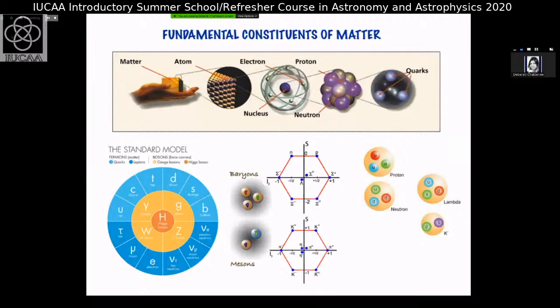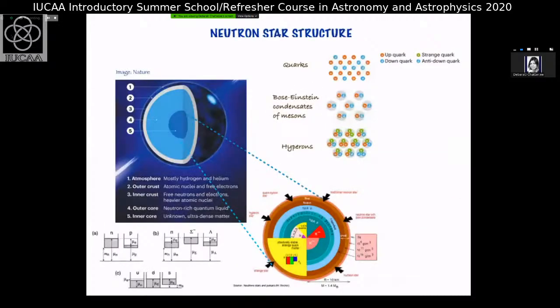On the other hand, at the high densities which appear in neutron star interiors, the strange quark, which is the next higher mass quark, can start to appear. And this can appear in various forms, say 3 main forms.